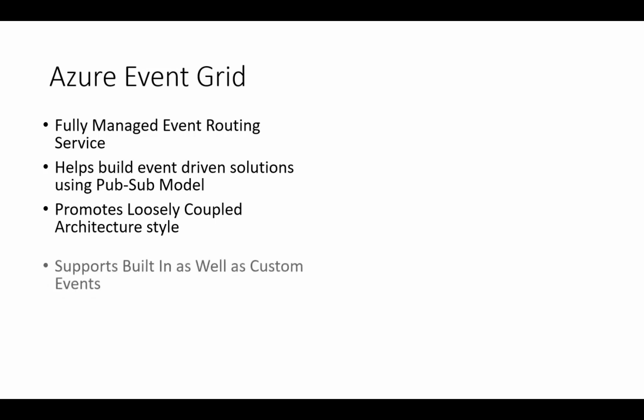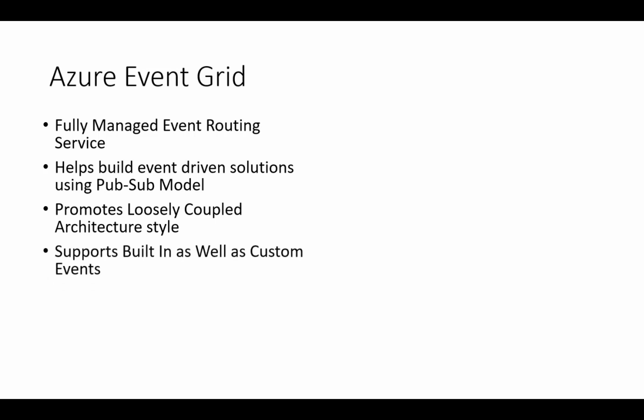A great feature of Event Grid is that it supports the publication of the built-in Azure events as well as our own custom events, which can be published to custom Event Grid topics. Azure supports the Event Grid schema, which is the default JSON schema in which the Azure events are published, or we can use the open source CloudEvents schema to publish the custom events.